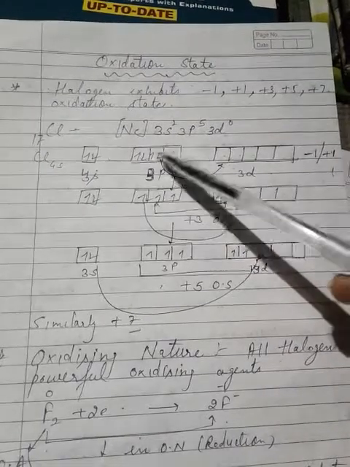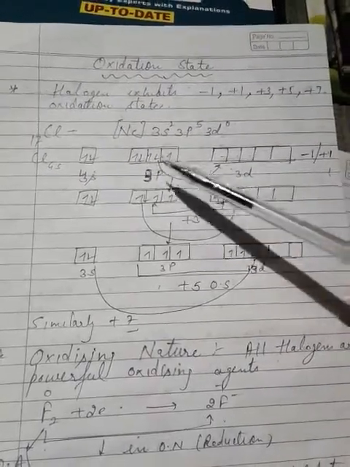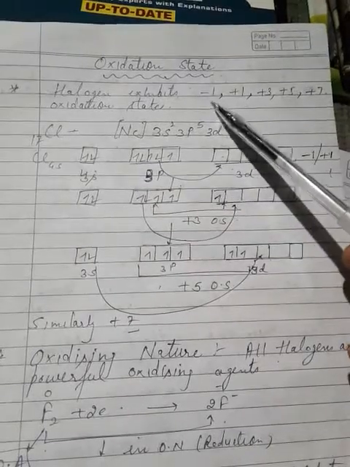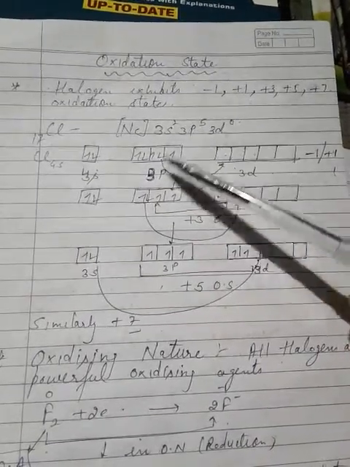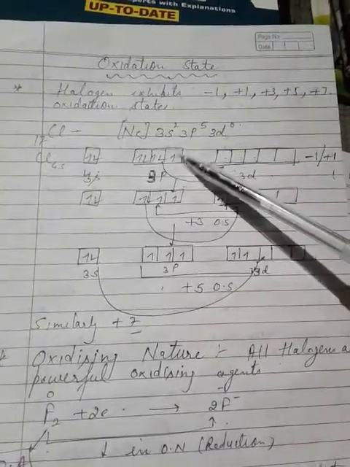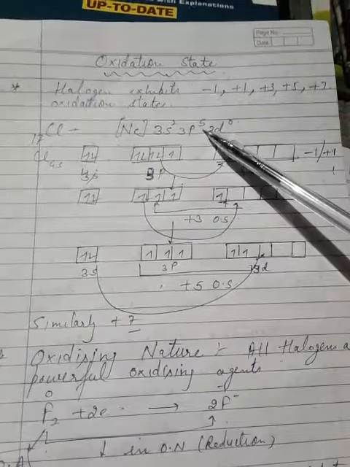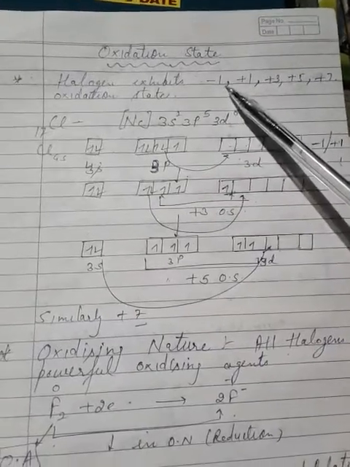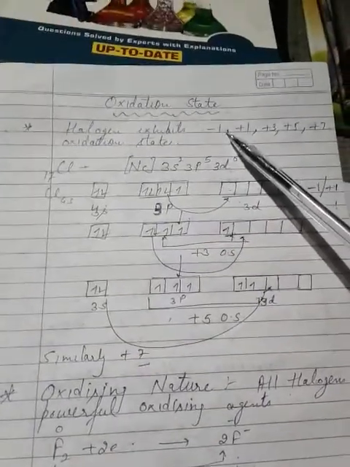First 3 electrons are singly filled, then 2 electrons are paired. So the -1 oxidation state indicates that it can accommodate 1 electron to fulfill its p orbital. This clearly indicates how it exhibits the -1 oxidation state.